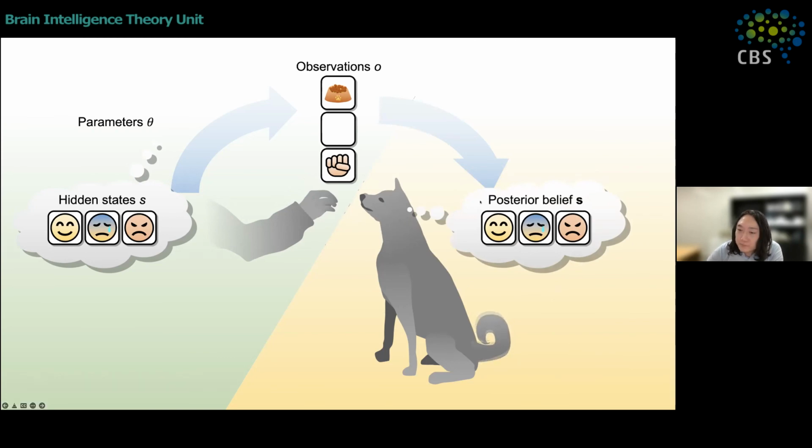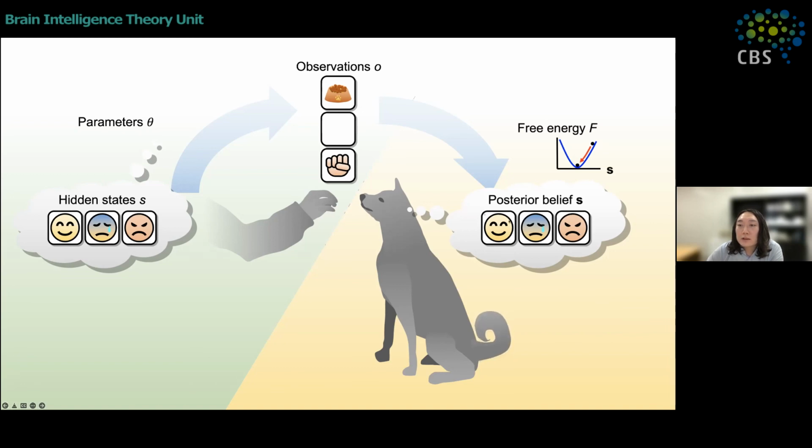has some representation about the hidden state, which is called posterior belief. And this posterior belief can be optimized by updating this value to minimize the free energy function, like this.